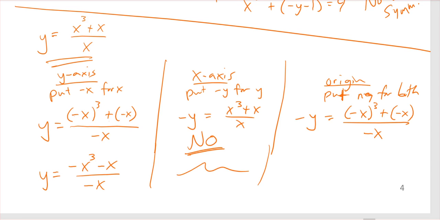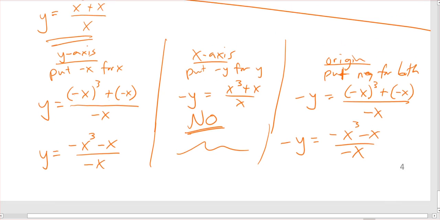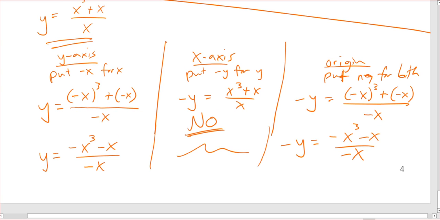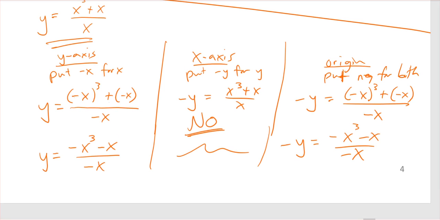We don't have to put anything else there. But this one, isn't that the same thing on both sides there? So we got negative y, and then we got negative x cubed minus x over negative x, right? Because we would have the same result. So now here's where the tricky part occurs, because we want to be done, but we're not, right? This thing can be simplified. We can notice that all of those terms have the same negative factor.